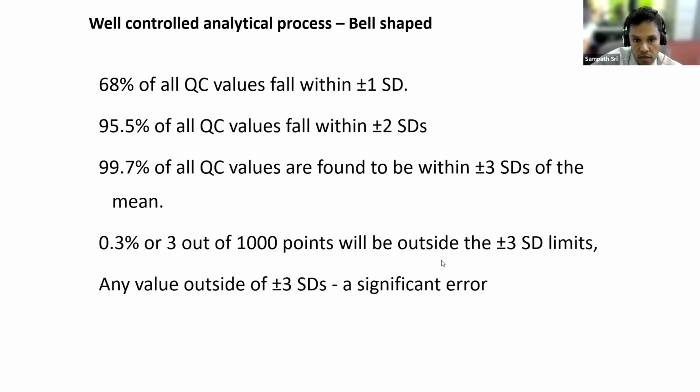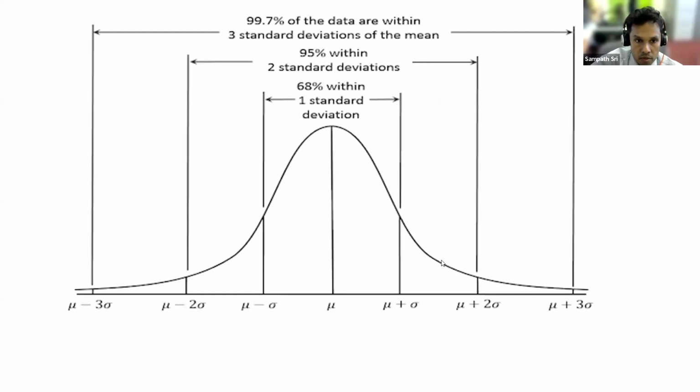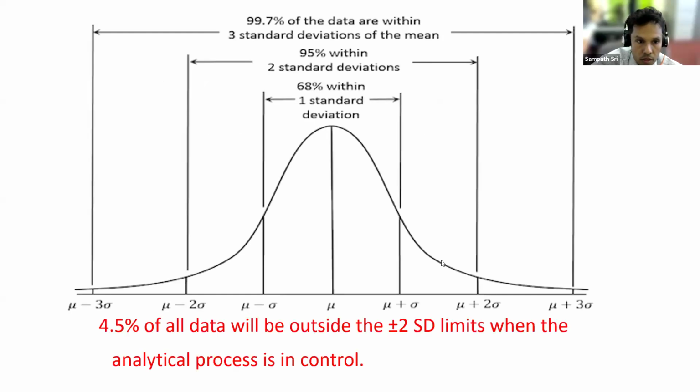If it is out of 3 SD, we consider it a significant error. So this is the graphical presentation. And we have to remember that 4.5% of data will be outside 2 SD, even with a normal analytical process.